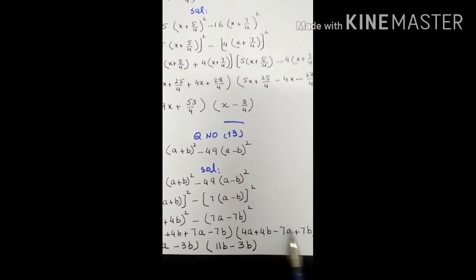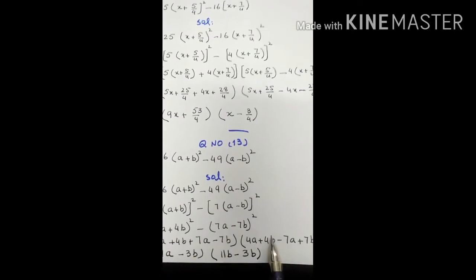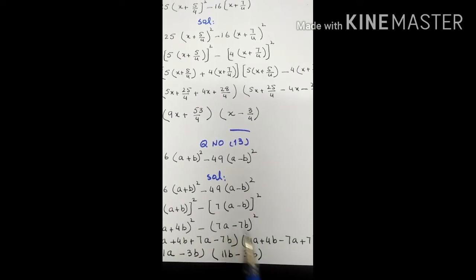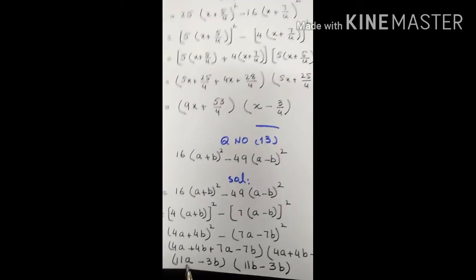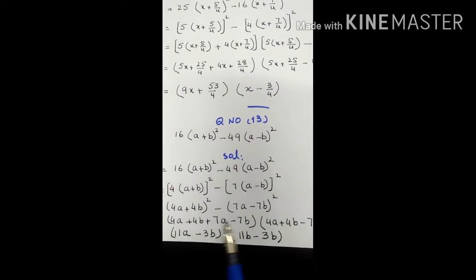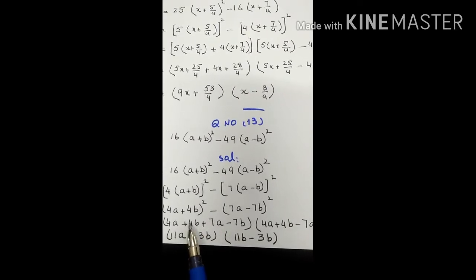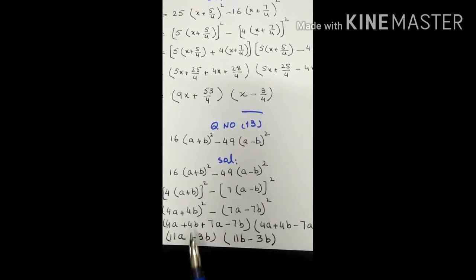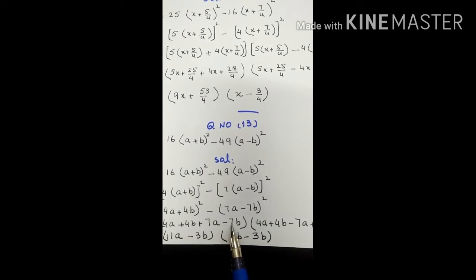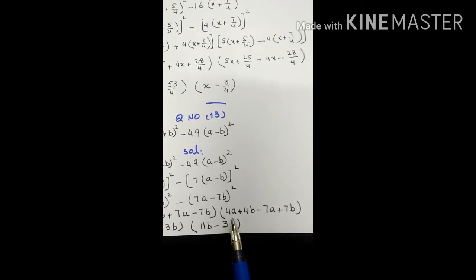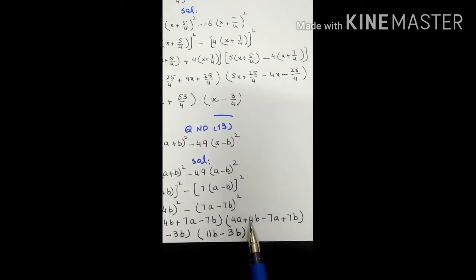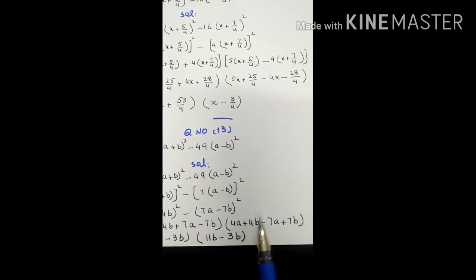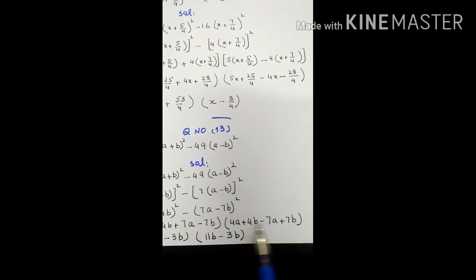Fine. Why is it positive here? Because minus minus plus, it has been converted. Now 4a plus 7a, 11a, plus minus minus 7b plus 4a, 7 minus 4, 3b, sign minus because 7 is the greater value. 4a minus 7a, plus minus minus minus 3b, 4b plus 7b, plus plus plus, 7 and 4, 11.